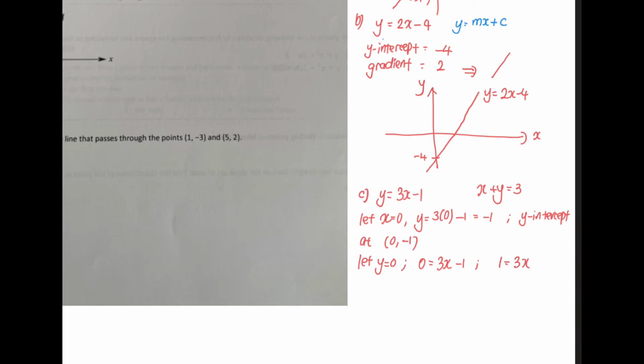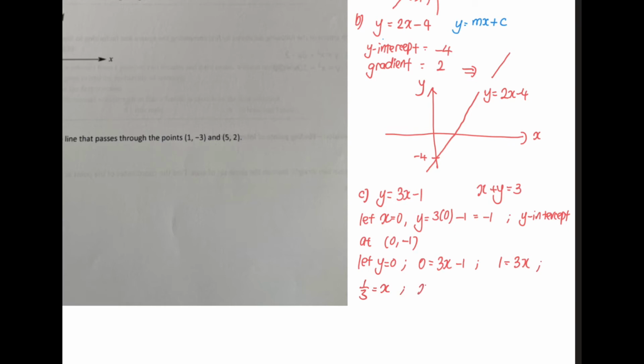Then I have to bring 3 over. What happened here is they are multiplying, 3 multiplied with x. So you bring the 3 over and you divide. In that case, we get 1 over 3 equal to x. So we get the x now.